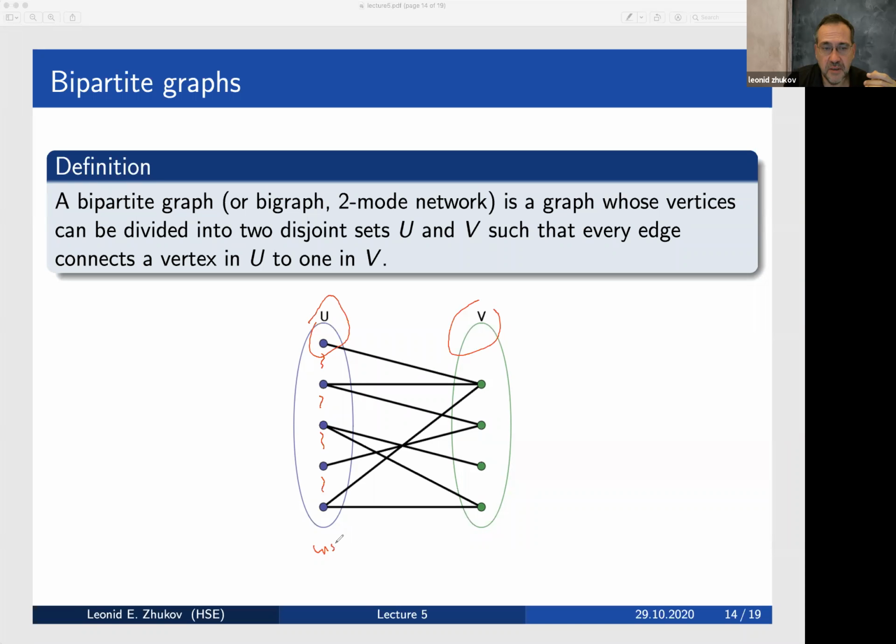These are the customers. And let's say these are, I don't know, books or items they actually buy. Every edge here means that a customer from the set U bought an item from the set V. So customers don't buy customers, and items don't buy items. You don't have that connectivity within each of the groups, but you do have cross connectivity.